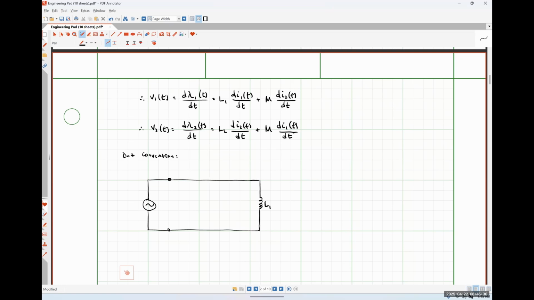I'm going to call this inductance L1, and I'm going to put a dot up here. And then on the other side of the circuit, here's my second coil, which has some inductance L2. I'm going to put a dot right here.